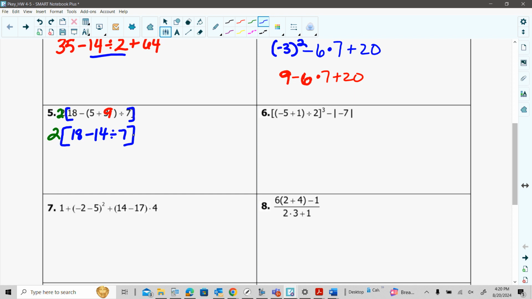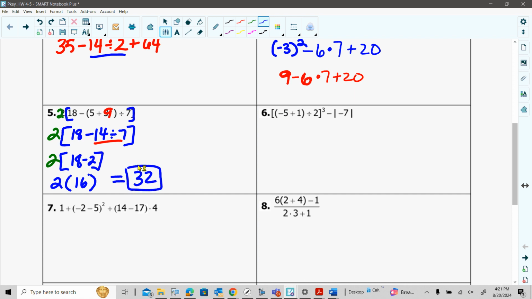Inside this bracket, I'm doing the division first. Keep the 2 in front of the bracket. We have 18 minus 2, which turns into 16. So I have 2 bracket 16. This is showing multiplication, which means the final answer is 32.